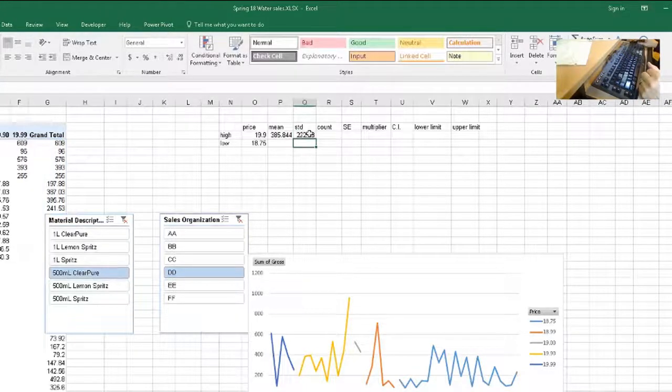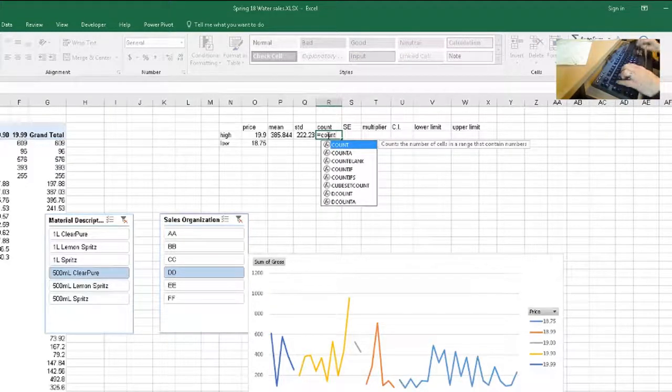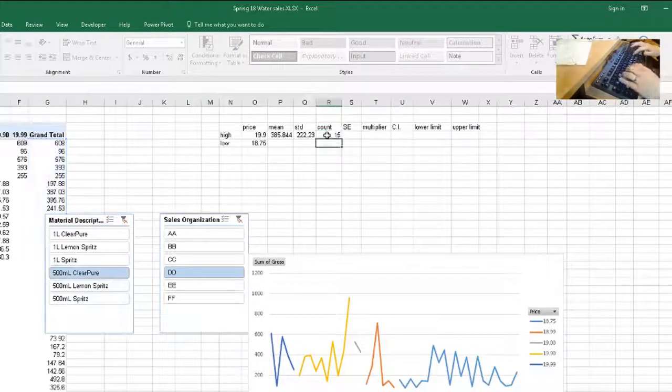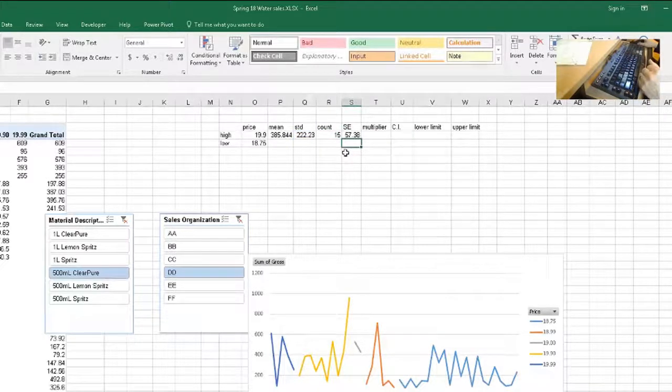It's the same range. And then the count, I'll just count up how many we had. We had 15. And the standard error is equal to the standard deviation divided by the square root of the sample size. So that's the standard error.